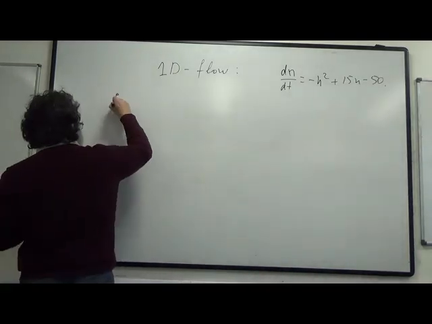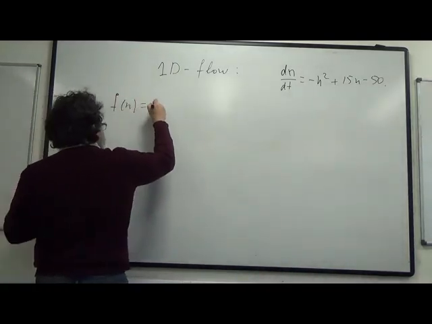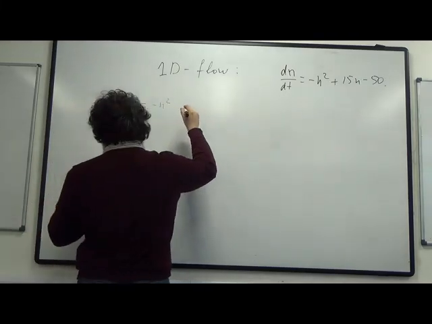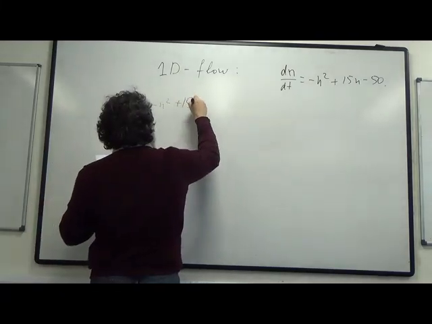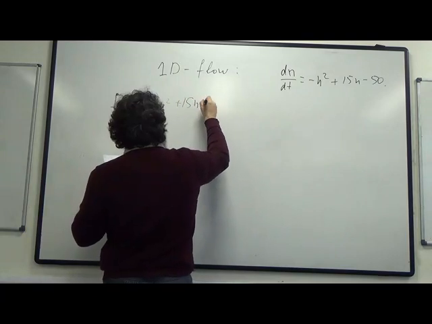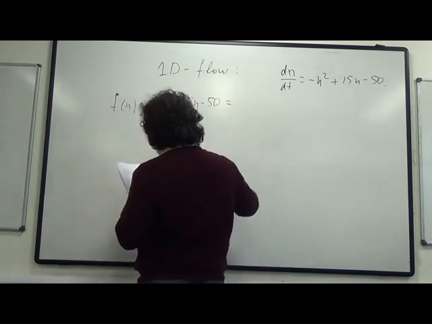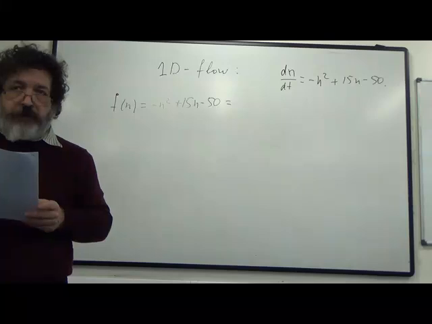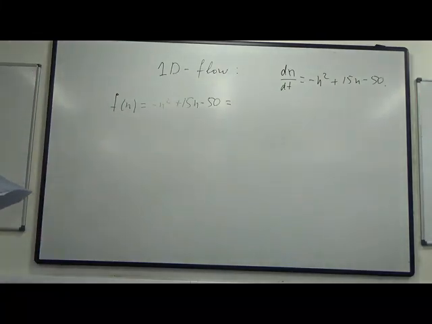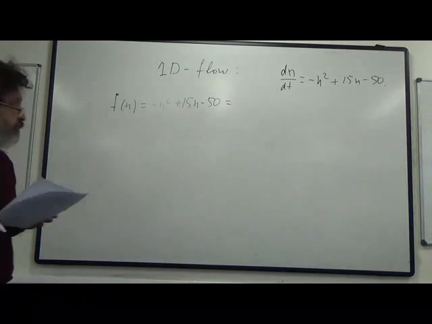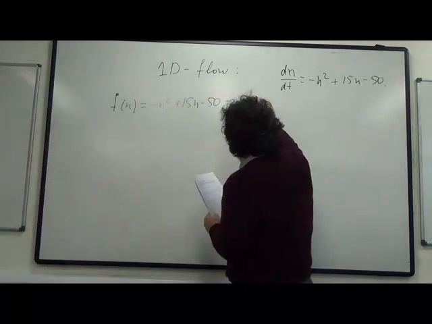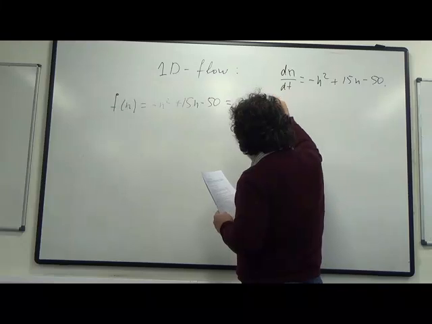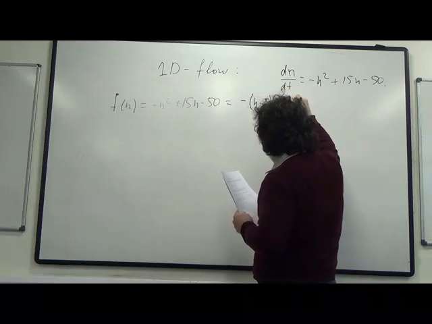So f of n is minus n squared plus 15n minus 15. What are the roots? Can you find the roots? 10 and 5. So it is minus (n minus 5) times (n minus 10).